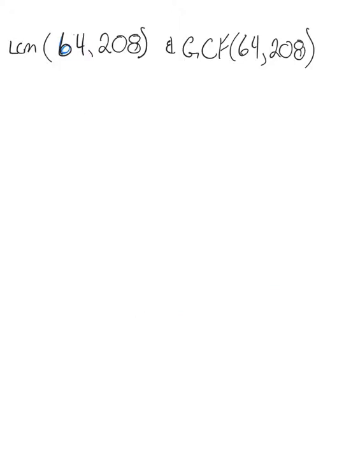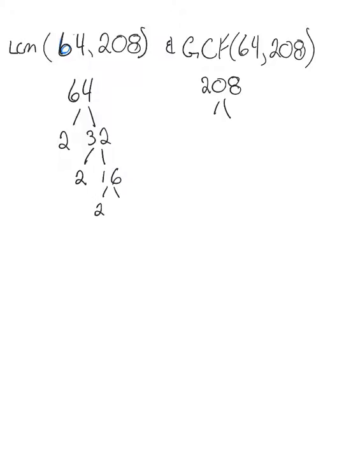So we're going to do the exact same thing we did previously, which is make the factor trees. Find your prime factorization of 64 and 208. So 64 equals 2 times 32, which equals 2 times 16, which equals 2 times 8, which equals 2 times 4, which equals 2 times 2. Therefore, 64 will equal 2 to the 6th.